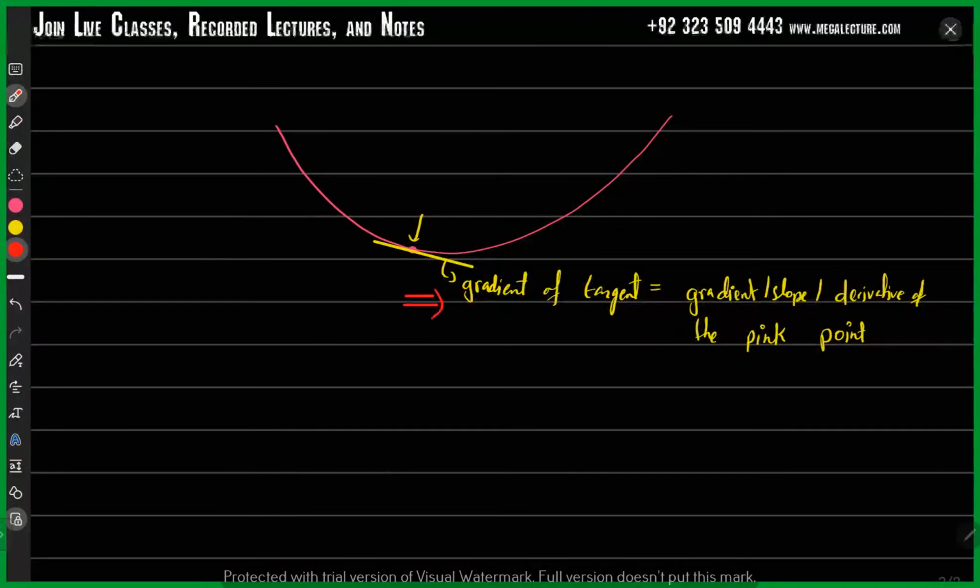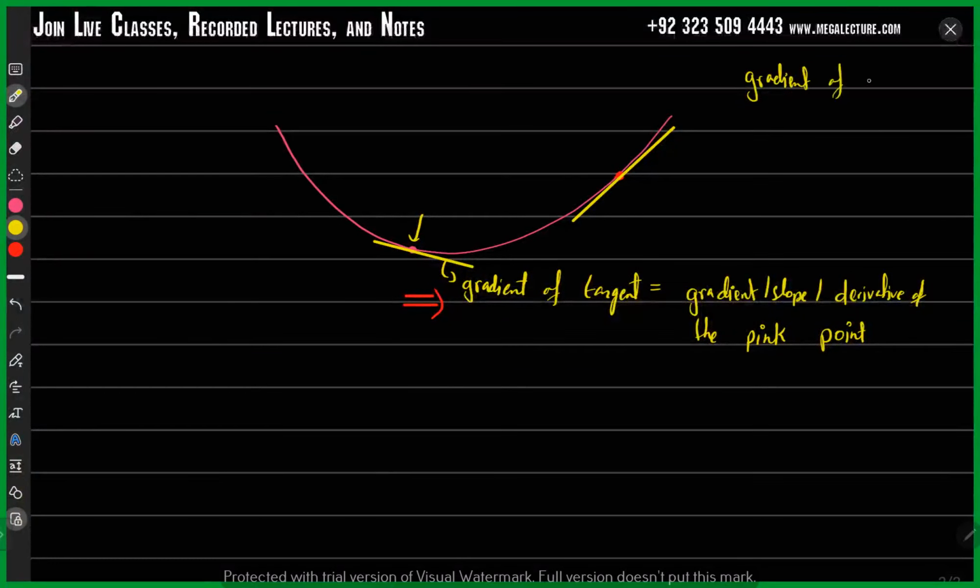So we know that if we have a random point like this, and if I don't know what exactly its gradient is because it's a curve, I am going to make a line at this point. And this line is basically a tangent to the curve. The gradient of this yellow line is the same as the gradient of the curve at this red point.